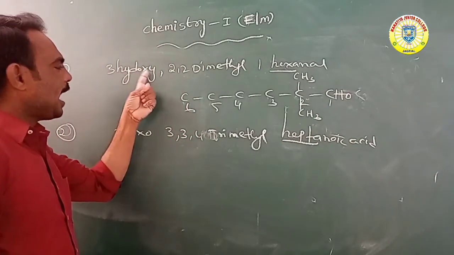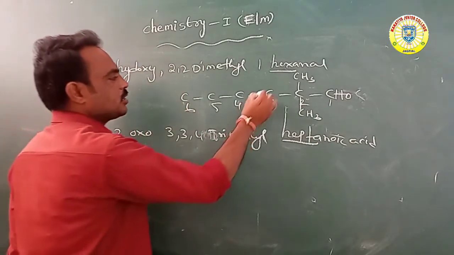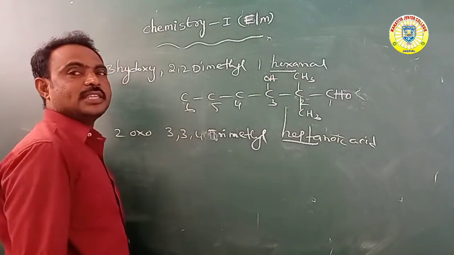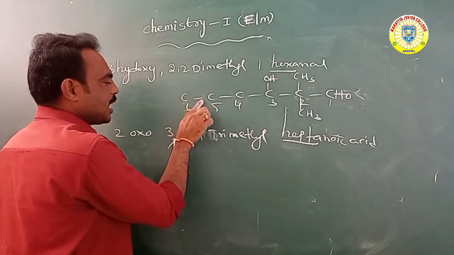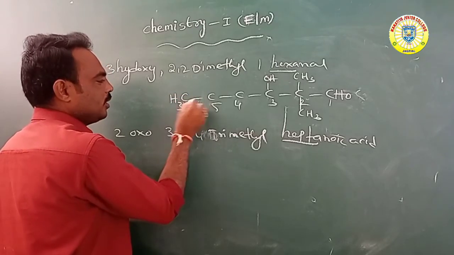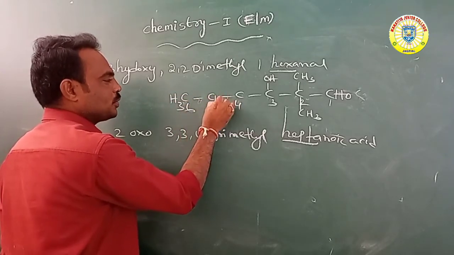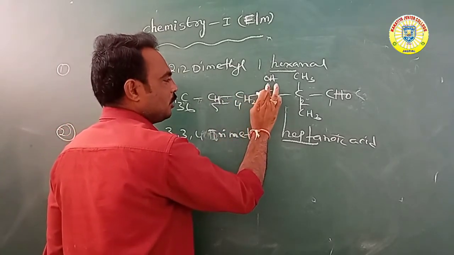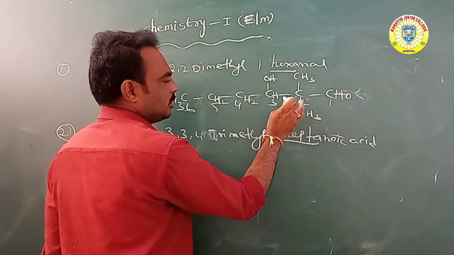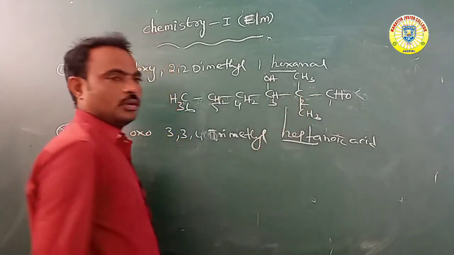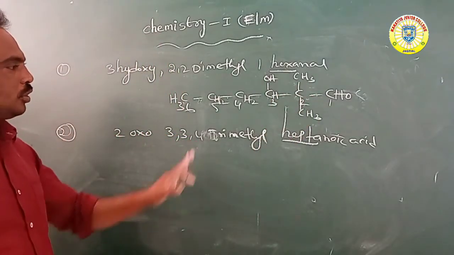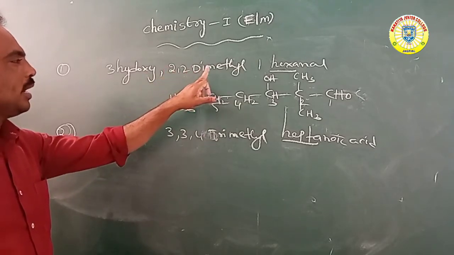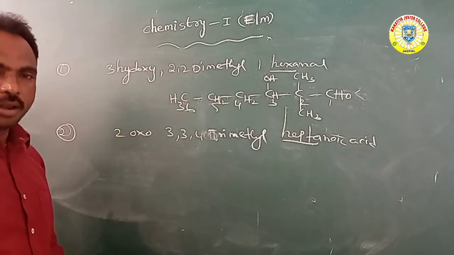Next, 3-hydroxy, the third carbon is attached with an OH group. Overall we arrange the hydrogens: this carbon has 1 bond remaining, H3; this carbon H2; this carbon 1, 2, 3 H; this carbon is attached with 4 bonds. So that is 3-hydroxy-2,2-dimethylhexanal.